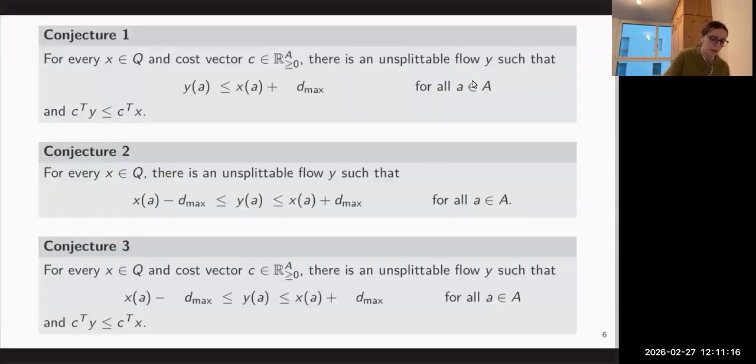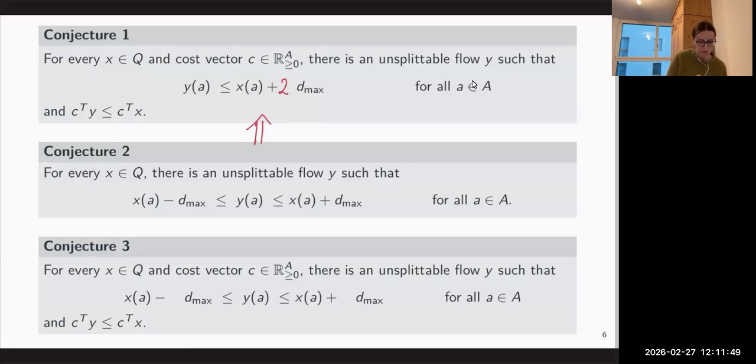Okay, so now what is our result? What I want to talk about today is that here are again these 3 conjectures. What we've been showing is basically that in the first conjecture, the conjecture by Goemans, which was about adding the cost condition here, if we allow a violation of twice the max instead of just the max, then conjecture 2 implies conjecture 1.